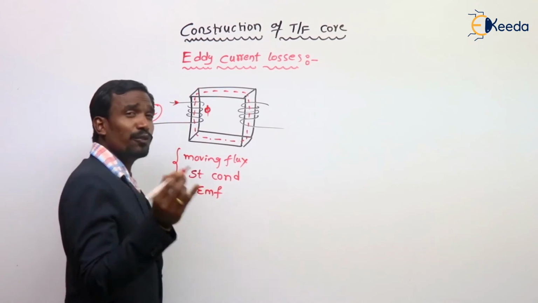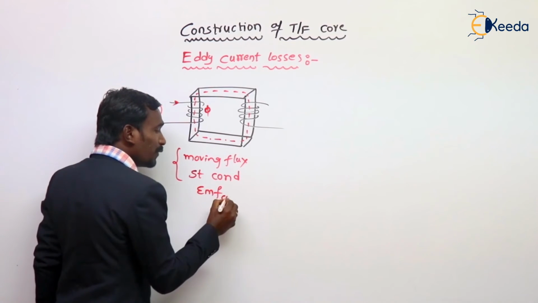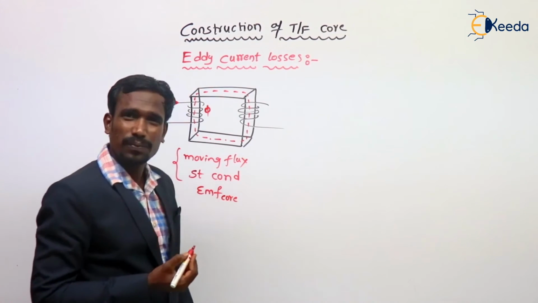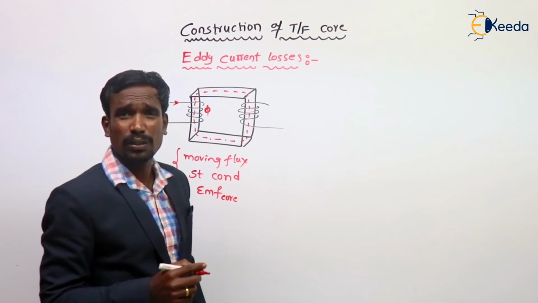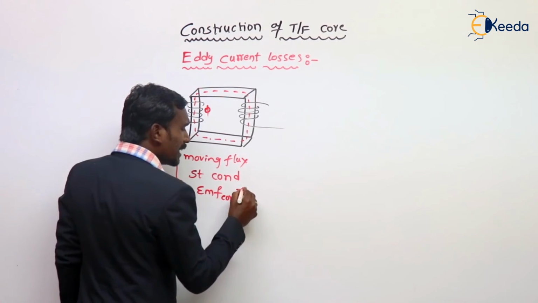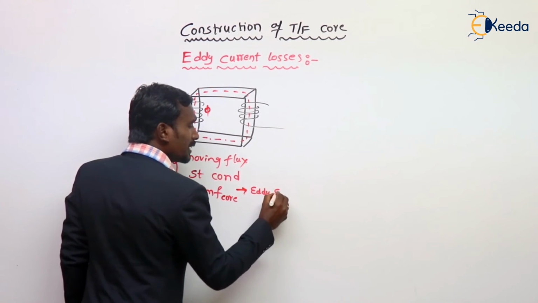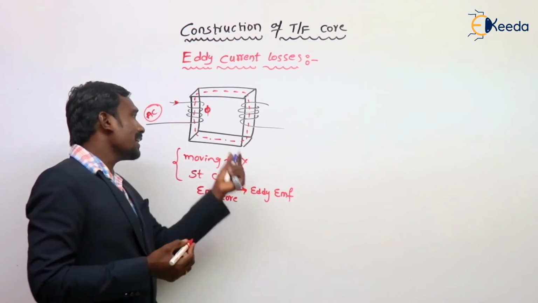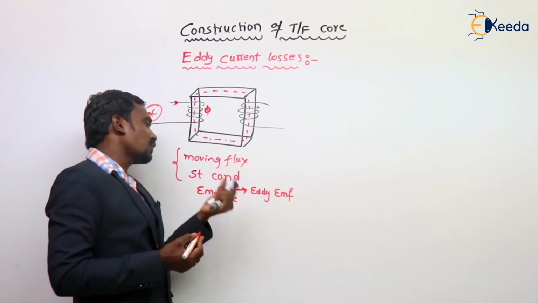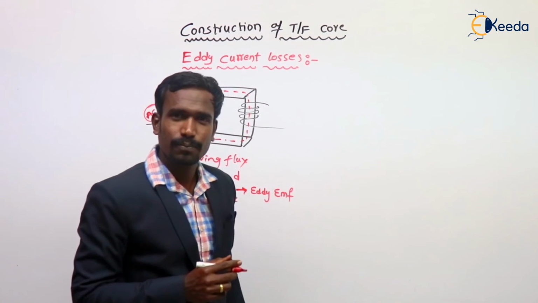The EMF is induced in the core. This EMF is not connected to a load. That's why it is called eddy EMF. The EMF induced in the transformer core is called eddy EMF.